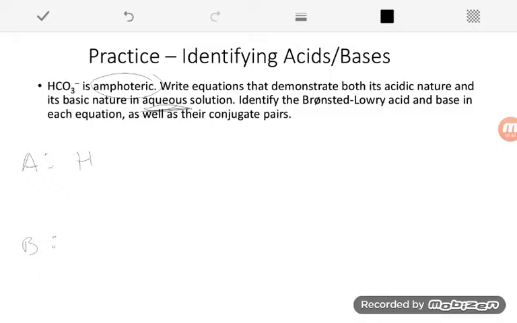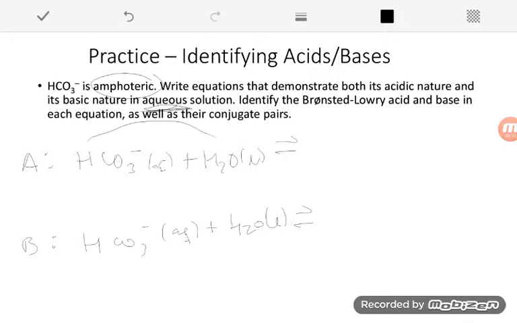So each time, I'm going to set these up the same way. I'm going to take HCO3-, and I'm going to react it with water. Do my double arrow. And I'll just go ahead and set up this guy at the same time. And water, double arrow. So when HCO3- is an acid, it must donate its hydrogen. So that's going to leave behind just this CO3 piece.